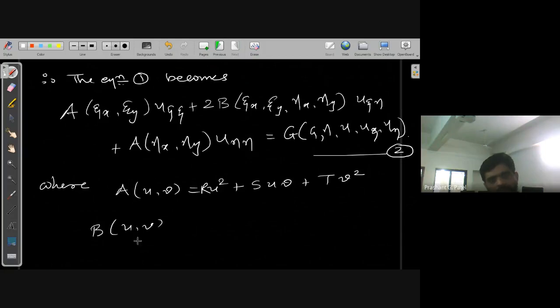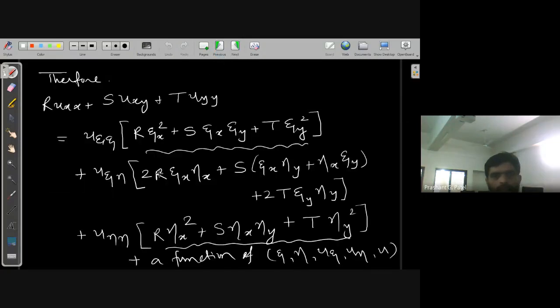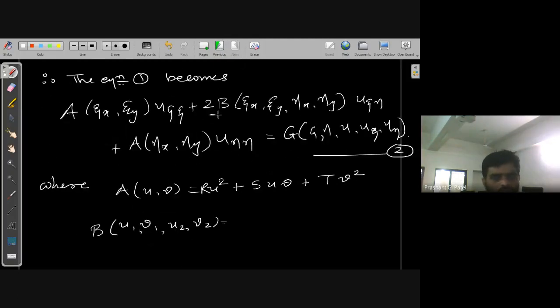It is a function of four variables, so I can say beta of u1 v1 u2 v2. As per this, the middle portion that we have here is 2r. The 2 is already accounted for, because I have already used the 2 here, so we will not use that 2 here.